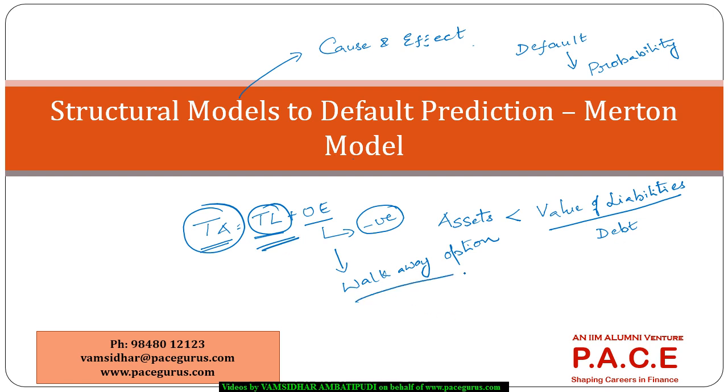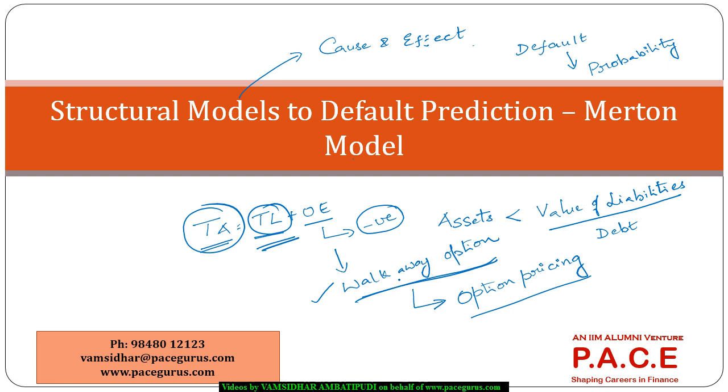So what is the worth of this walkaway option? Typically, we can model it using option pricing models. This is where we can bring in the Black-Scholes model, do the option pricing, and find out the worth of the equity, which is the worth of the walkaway option.